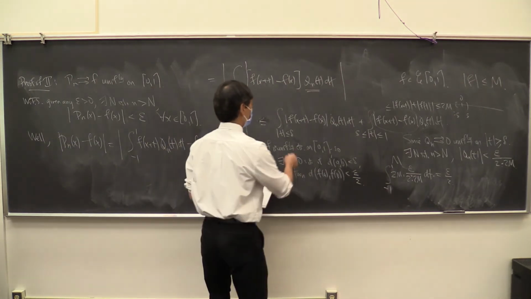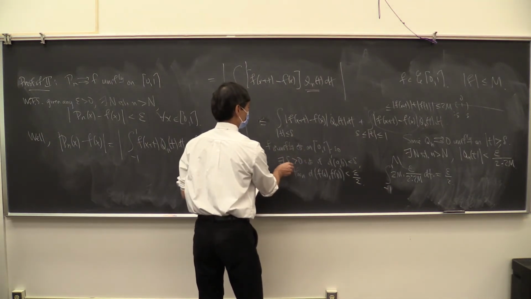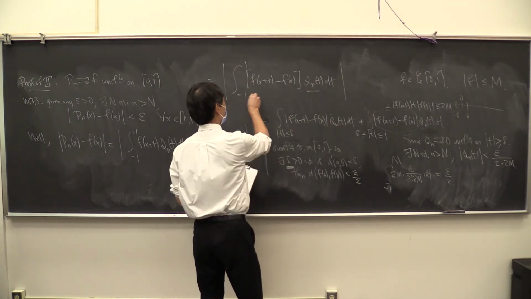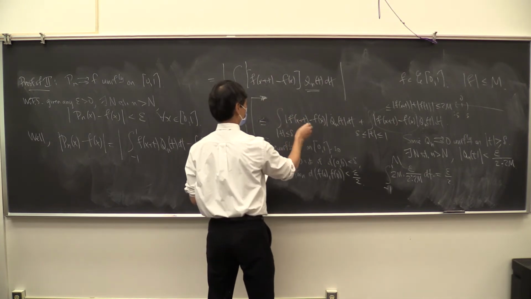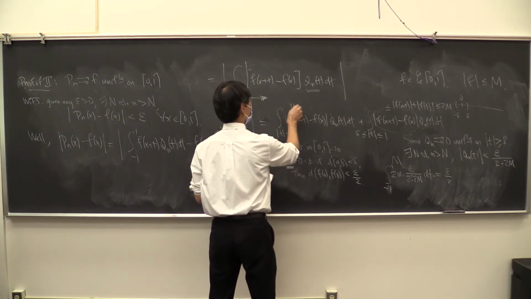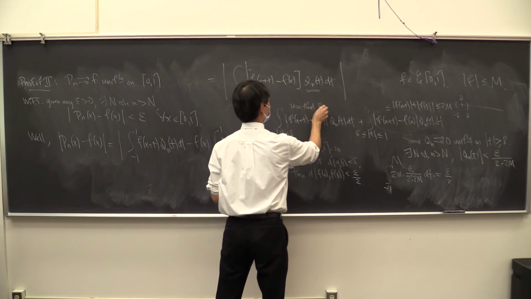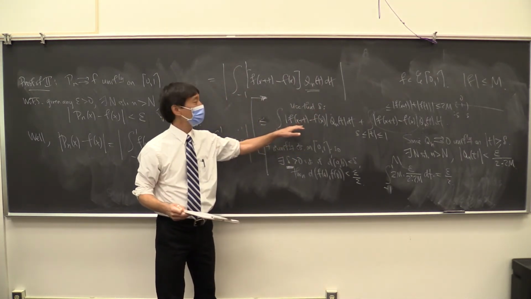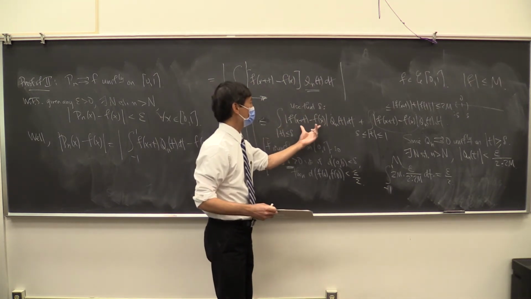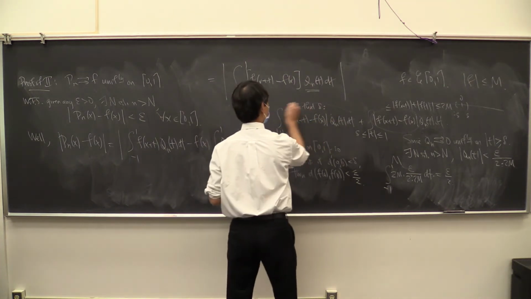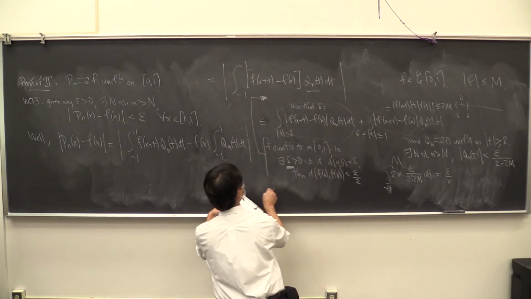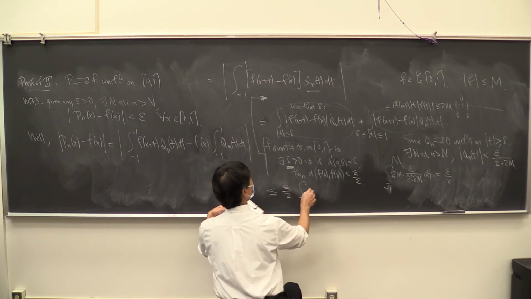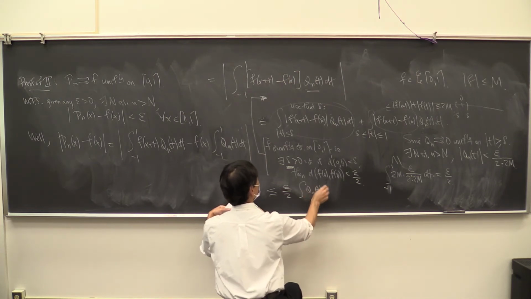So use that delta, and we break the integral into 2 parts, and we see that this thing is controlled by epsilon over 2 times the integral of Q sub n of t dt.